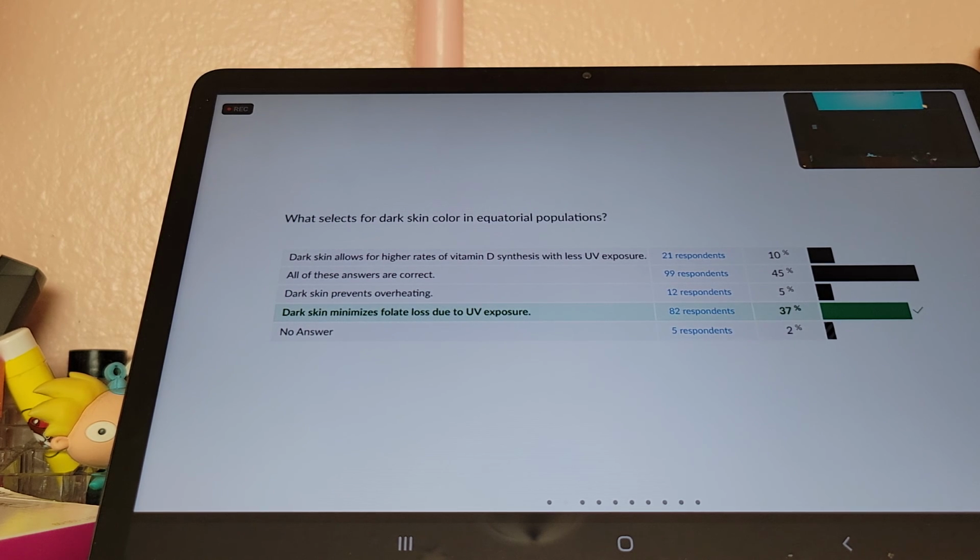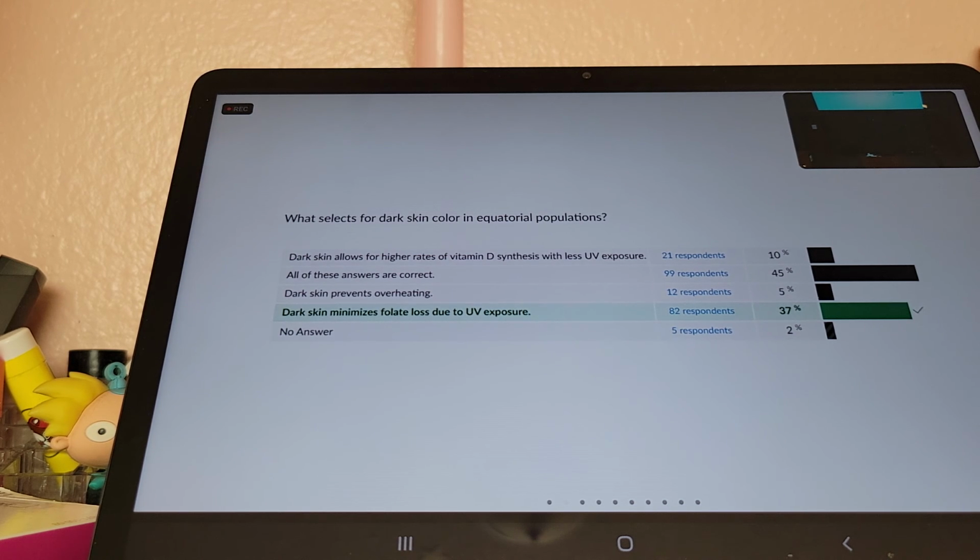And on an alternate question that asks about what selects for light skin in higher latitudes away from the equator, that was the correct answer. And you know what? Most people got that right. So my assumption here is that people are not reading the answers thoroughly, because you can see the correct answer is dark skin minimizes folate loss due to UV exposure.